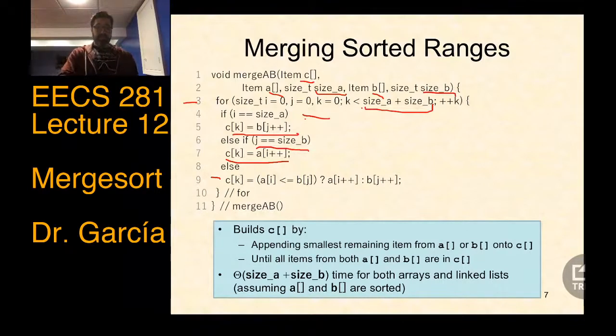And this is the one that goes through the logic that we discussed earlier: if the value in A is smaller than the value in B, the values that I'm currently comparing, then I go ahead and assign the value that's in A to C. Otherwise, I'm assigning whatever is in B. If you recall, this is different from the previous code that we saw with iterators, because there we handled the cases from lines 4 through 7 as separate while loops.